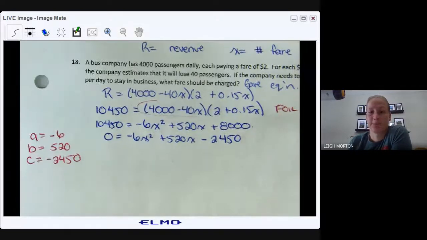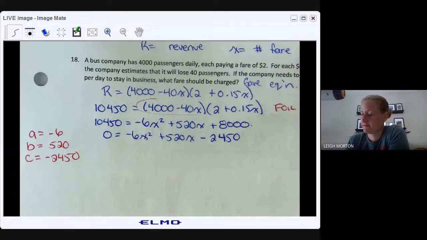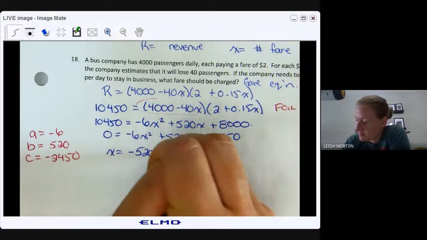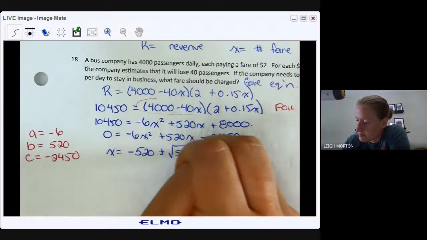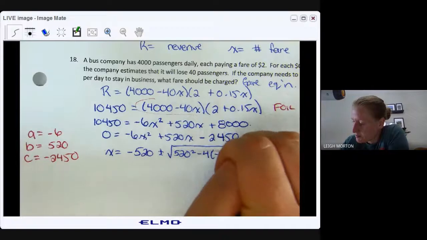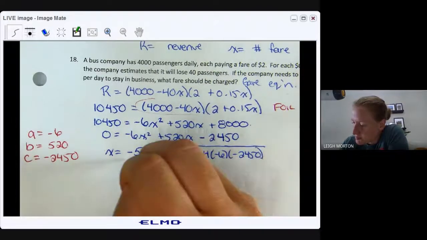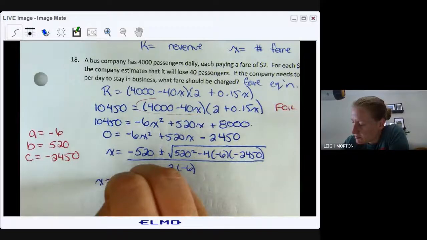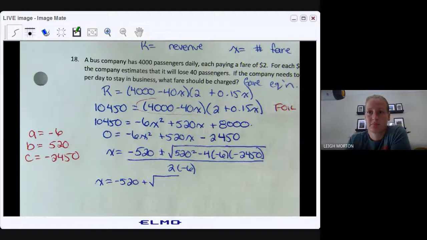Solve for x, please. $520 squared minus 4 times negative 6 times negative 2,450.